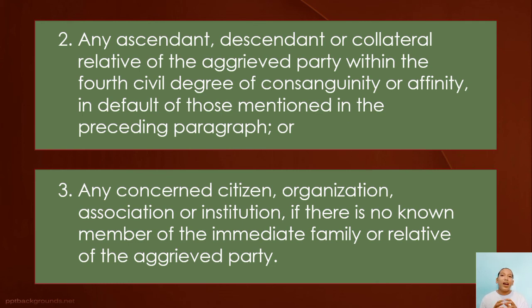Second, any ascendant, descendant, or collateral relative of the aggrieved party within the fourth civil degree of consanguinity or affinity, in default of those mentioned in the preceding paragraph. Third, any concerned citizen, organization, association, or institution, if there is no known member of the immediate family or relative of the aggrieved party.